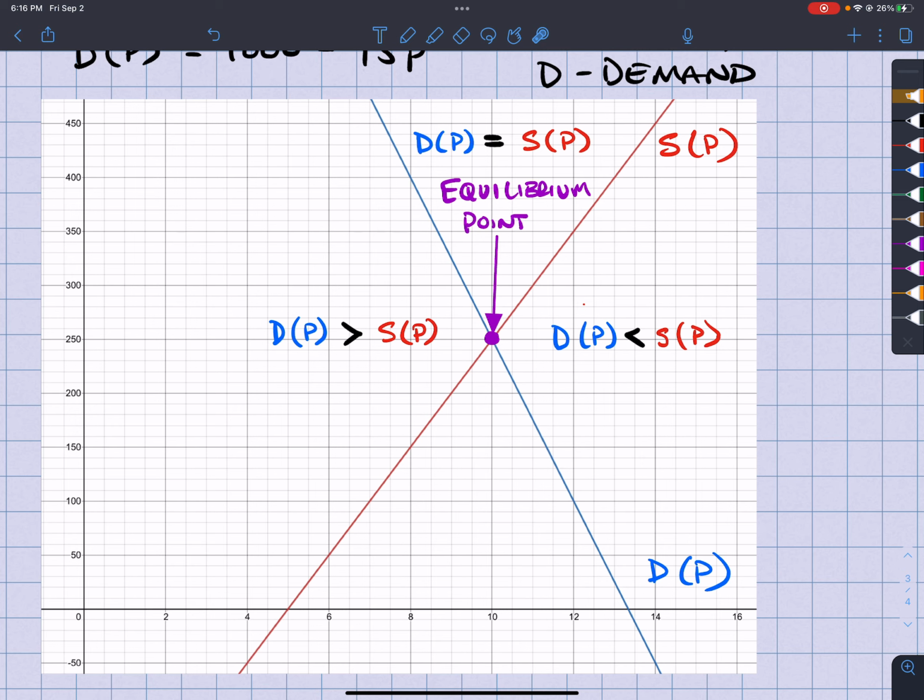So let's say that the demand is going to be greater than the supply from, actually, we're going to have to go from 5 to 10, right? Because I'm looking at the X values, and that's why I'm using 5, because I don't think I can have negative supply, right? So I'm going from 5 to 10, and that is the point where the demand is much higher than the supply.